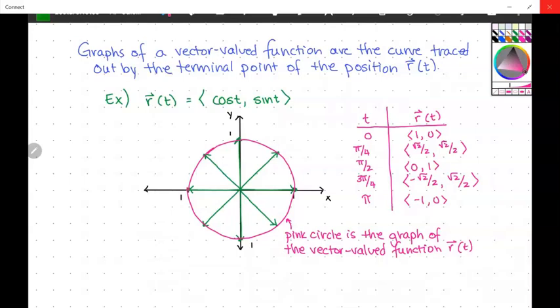So this is where there's a whole lot more applications that we just don't get into, but we're sort of going to get into, but not enough to really fully understand them. We're going to look at tangent vectors to this curve and what the tangent vector kind of means in a way.